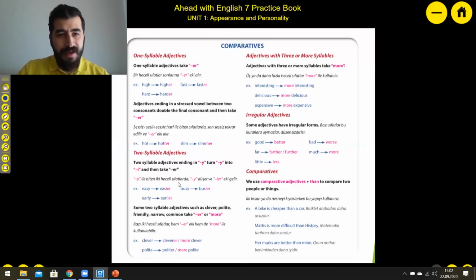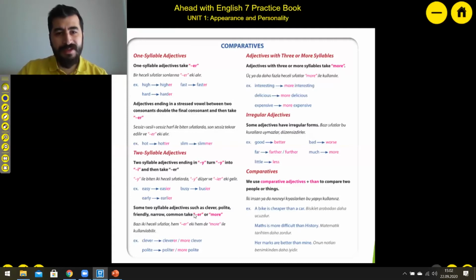And if we have Y, two-syllable adjectives ending in Y, turn Y into I, and then take ER. Look at that. Easy, we omit Y, easier. Early, look at that. We have a consonant before Y. Early, earlier. Busy, busier.